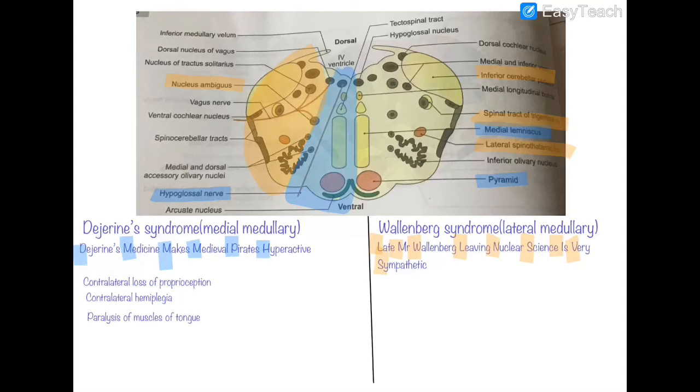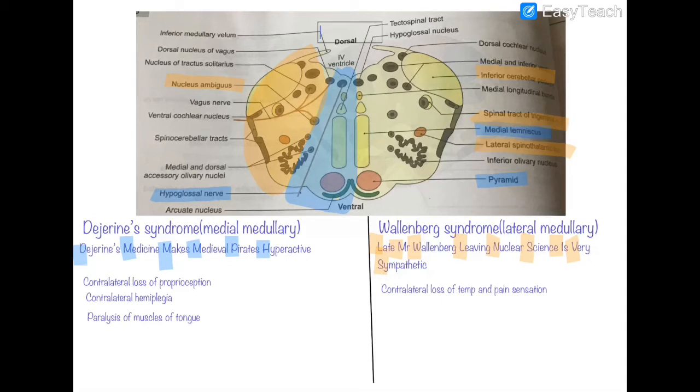Now the effects: if the lateral spinothalamic tract is affected, there will be contralateral loss of temperature and pain sensation, as it carries the sensation of temperature and pain from the opposite side of the body.